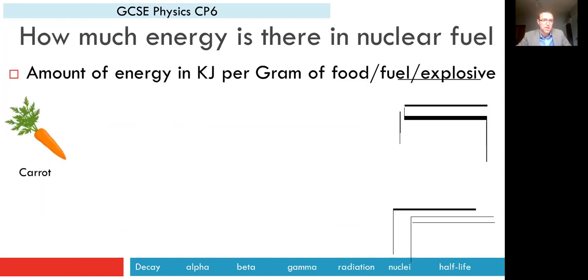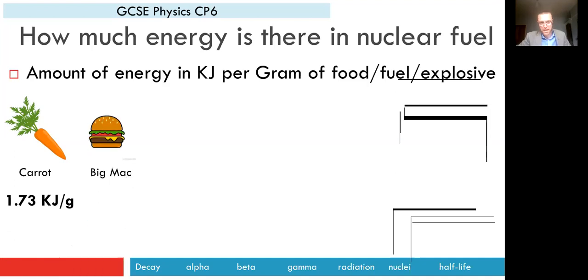I'm going to compare it to common food and fuels. Okay, here we go, we've got a carrot, and I found it out in kilojoules per gram. So for each gram of carrot, how many kilojoules of energy can we get? In a carrot, you've got 1.73 kilojoules per gram of carrot.